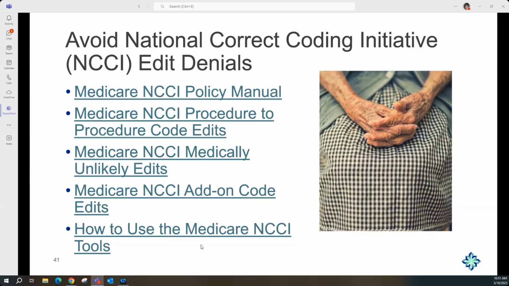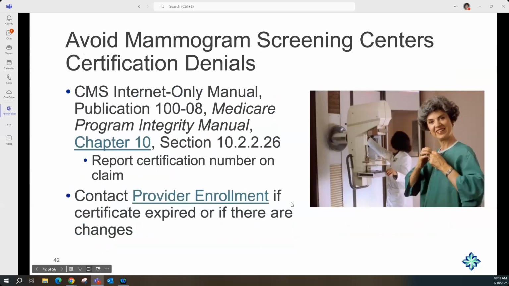This last bullet is how to use the Medicare NCCI tools. Tells you how to look up these edits and such. So good information. Here's the information that I told you I included about those mammogram screening centers certification denials. It is in the IOM publication 100-08 that speaks specifically to reporting that certification number on the claim.